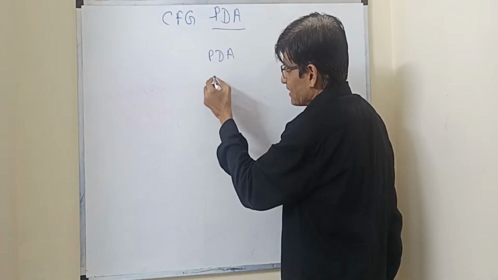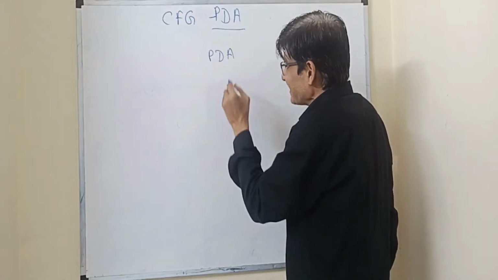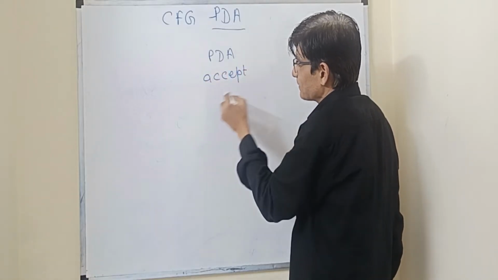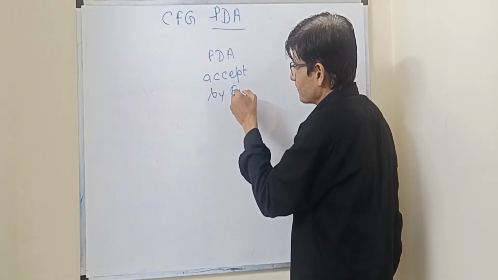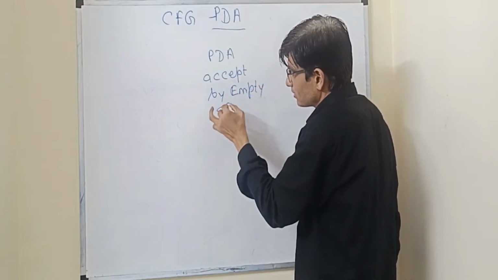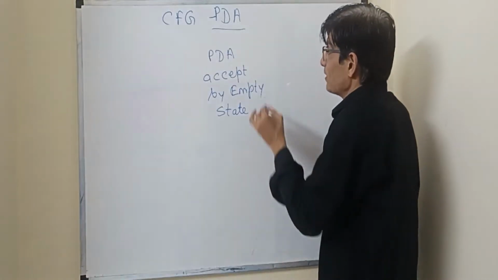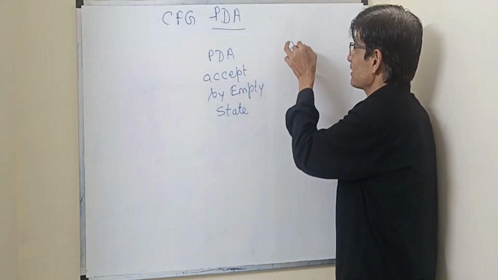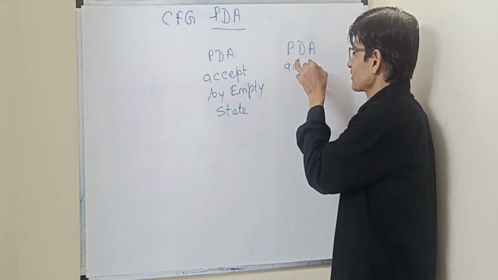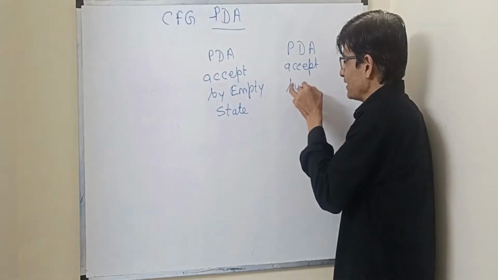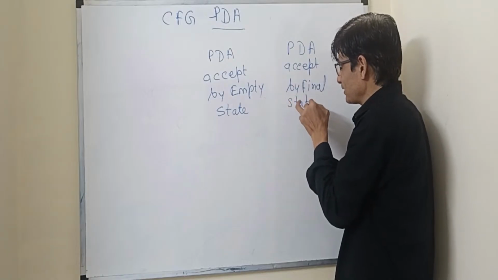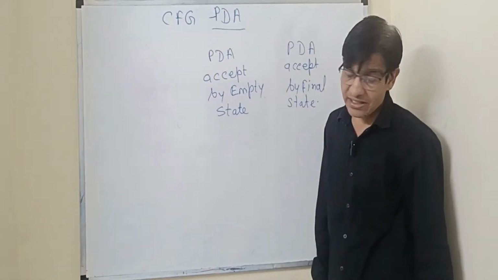We can create a PDA for acceptance by empty stack, or another way of designing a PDA is acceptance by final state. So these are the two ways by which we can accept a string through a PDA.